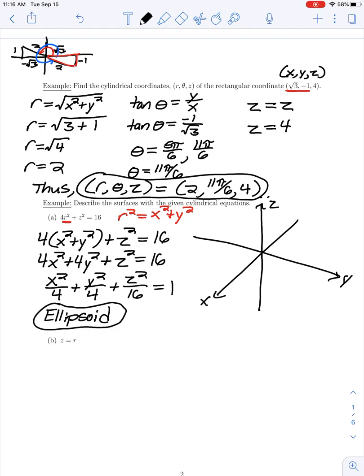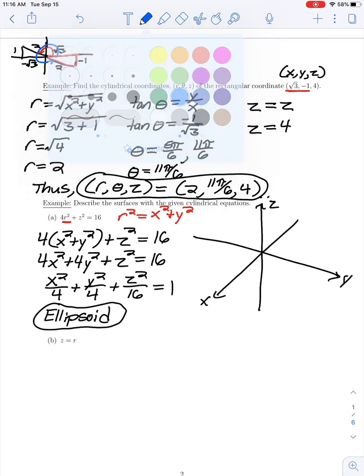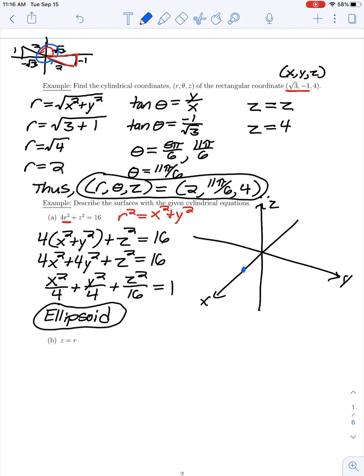To visualize our ellipsoid, we can think about its intercepts. So its x and y intercepts would both be positive 2 and negative 2. And its z-intercepts, if we set x and y equal to 0, would be positive and negative 4. So in each plane, we have an ellipse.